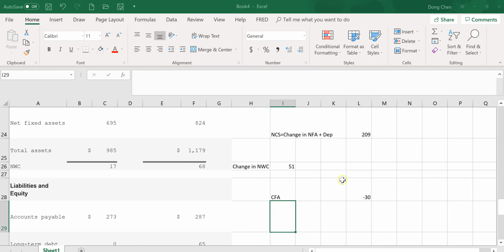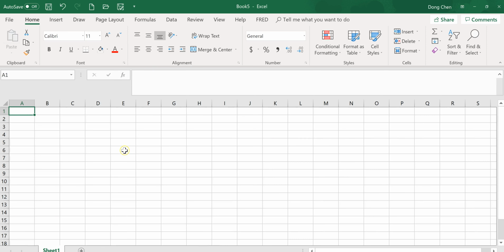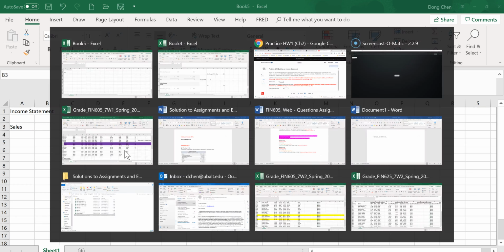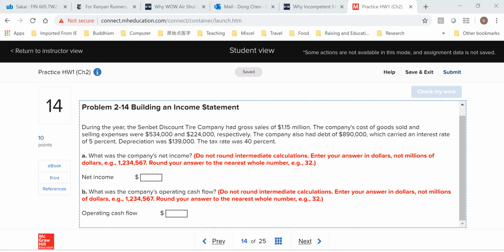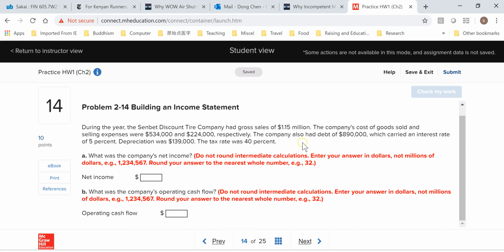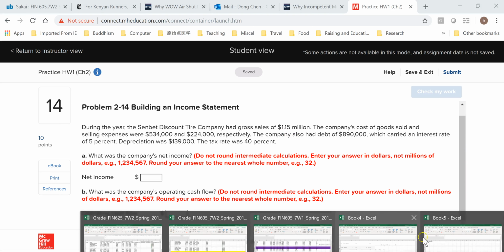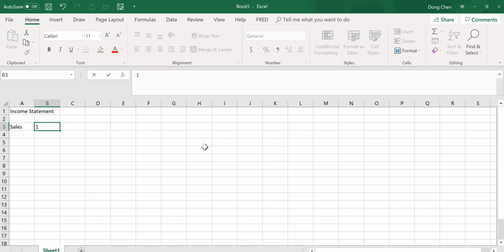So to build the income statement, let's start from sales. Here it's 1.05 million. So that turns out to be this number, $1,050,000, because we want to work with the dollars rather than the millions of dollars.